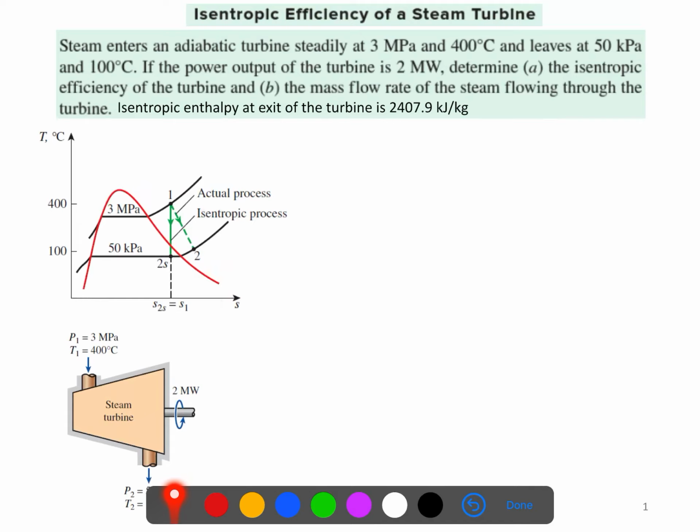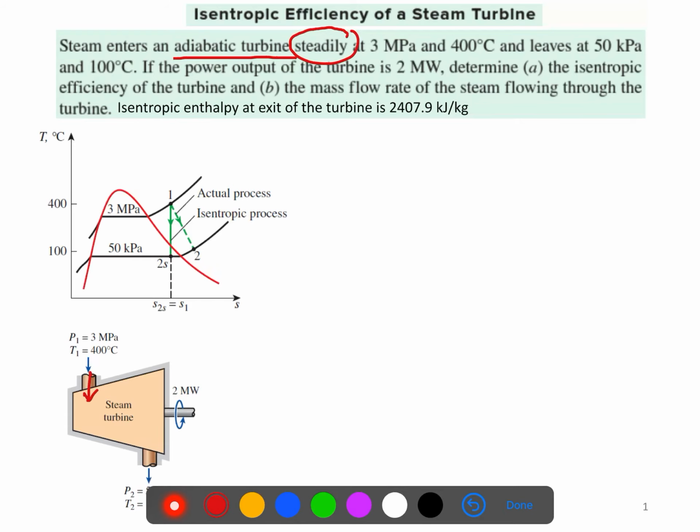So here what it says, the steam enters into this turbine and it is adiabatic. So it is an adiabatic turbine, and the other keyword is steadily. So steam is entering into this turbine steadily, and it is an adiabatic turbine.